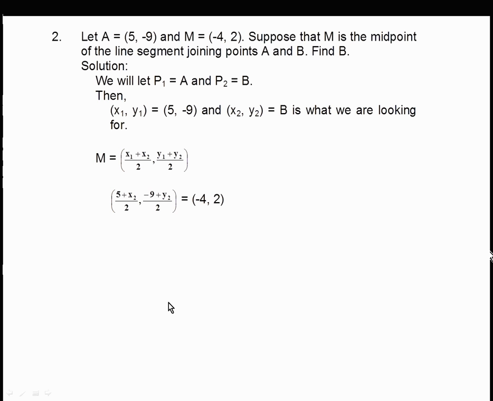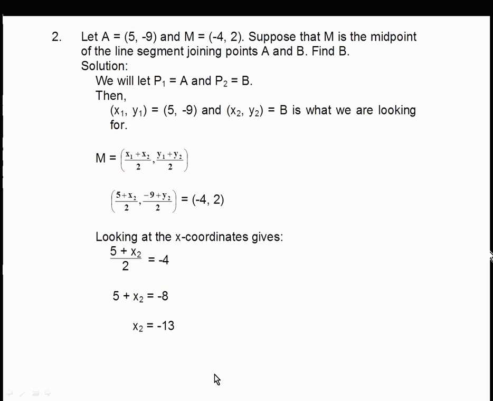Looking at the x-coordinates, 5 plus x2 over 2 has to equal -4. A nice little equation. Clearing fractions, multiply both sides by 2. So 5 plus x2 equals -8. Subtract 5. x2 is -13.